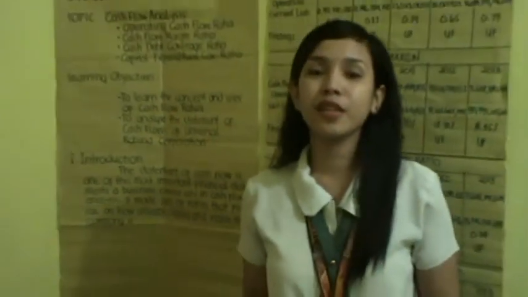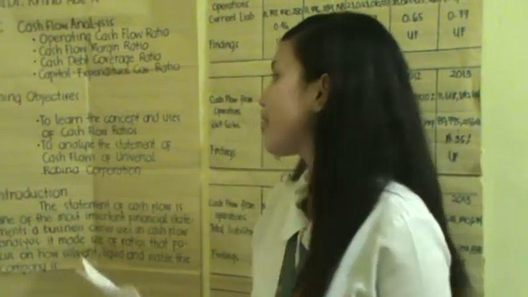A major benefit of the statement of cash flows is that the user gets a reasonably detailed picture of the company's operating, investing, and financing transactions involving cash. And this can be used to assess the company's current and potential future strengths and weaknesses. Let us now go to the cash flow ratios.